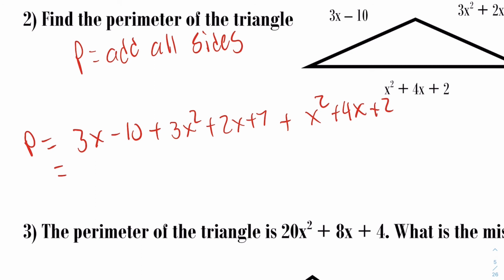Let's combine, starting with the highest power. 3x squared plus x squared, and now the regular x's: 3x plus 2x plus 4x, and minus 10 plus 7 plus 2.